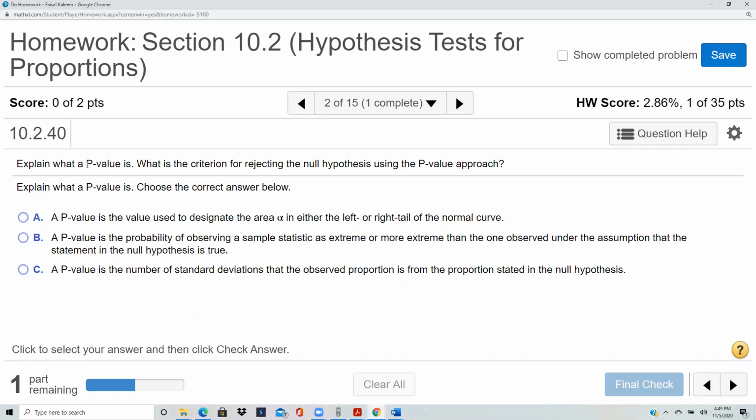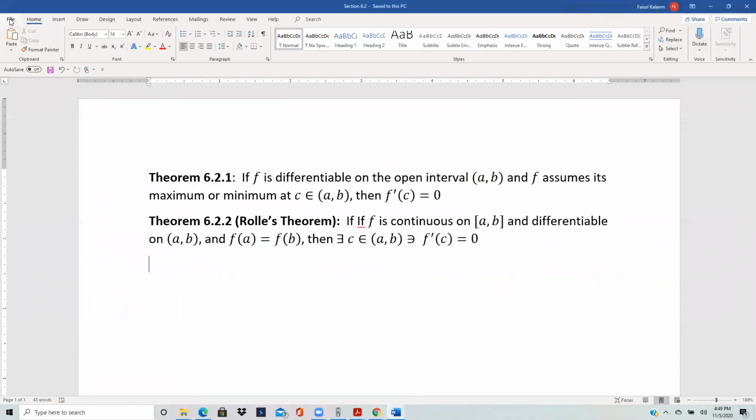Remember a while ago we talked about alpha being the probability of type 1 error. It's actually the probability of the allowable type 1 error. So let's make a note of this. This is going to be very important.